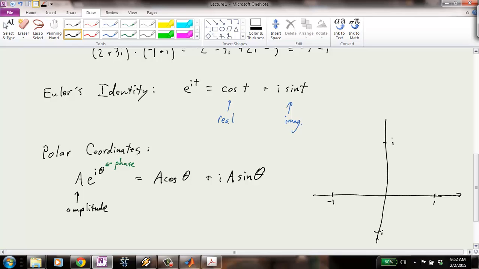It's going to be some point where the angle to the real axis is theta, in radians, and the distance to the origin is a. We'll see that next time.